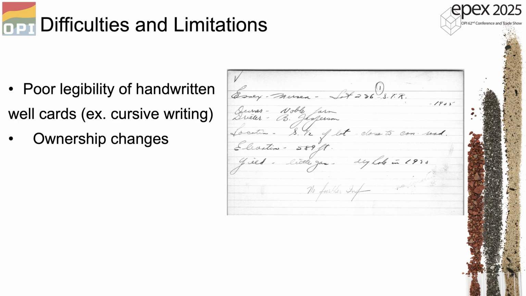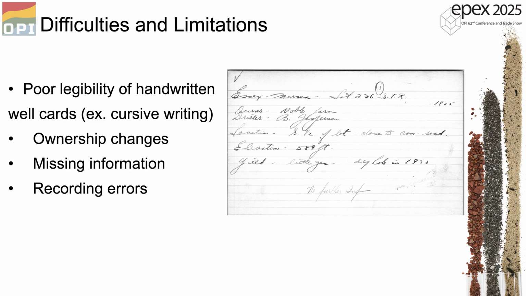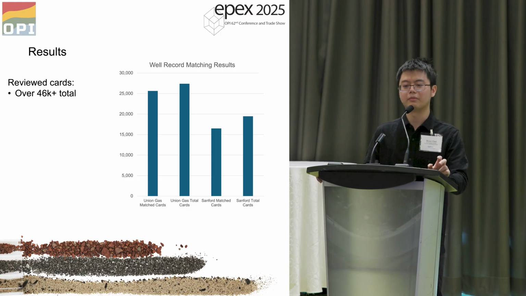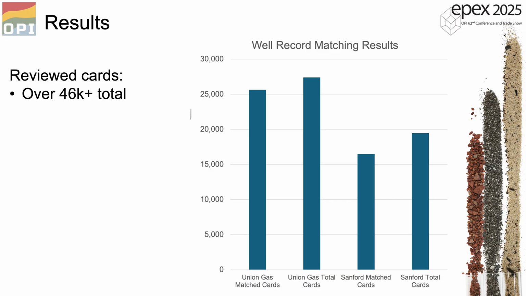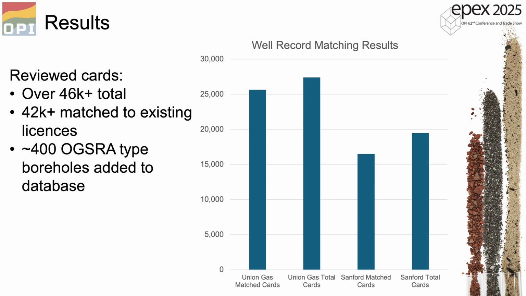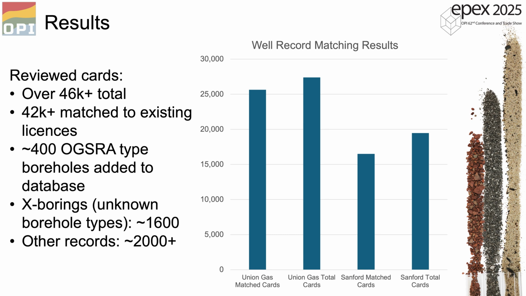Ownership changes, address changes, and mislabeling also add more uncertainties to the matching. Over the 2 years, we have managed to review more than 46,000 well cards, and we matched 42,000 of them, and we found 400 new wells that can enter into the OPDS. There are also more records, which I'm going to talk about later.